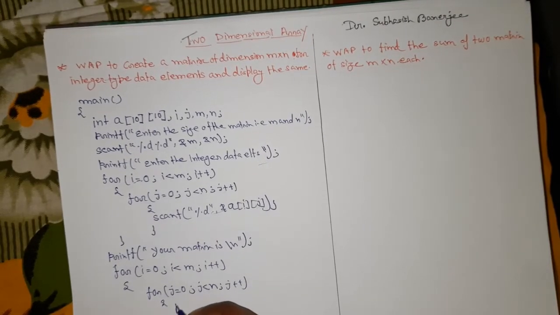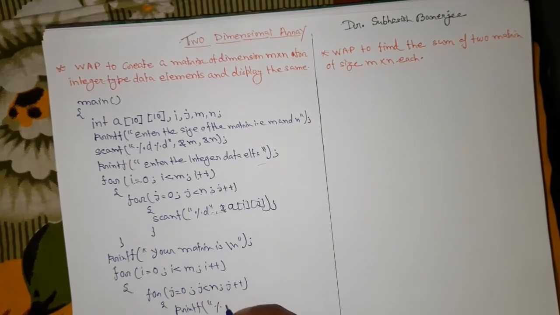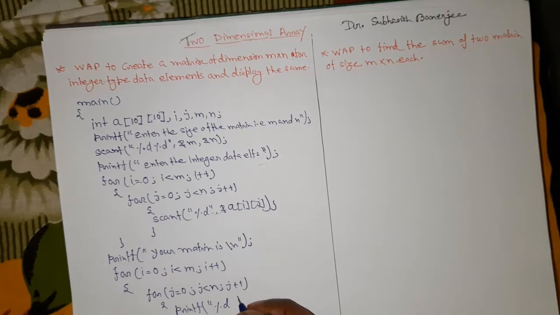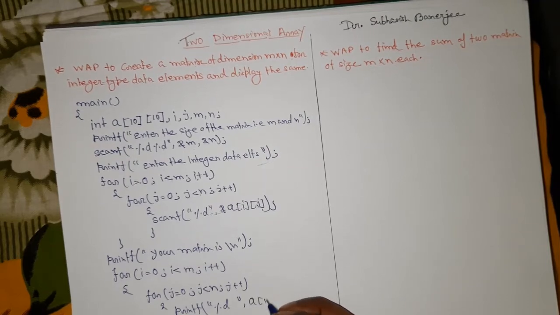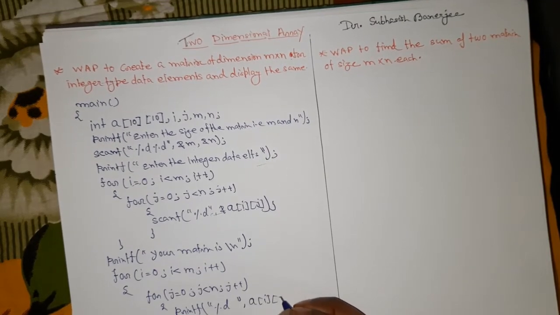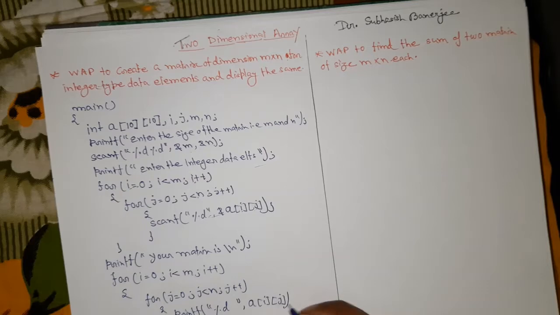Now for displaying we can write the printf. We can display a %d, then we can provide some space, then double quotes, close the quotation marks, then we'll have to display the ith row and the jth column.